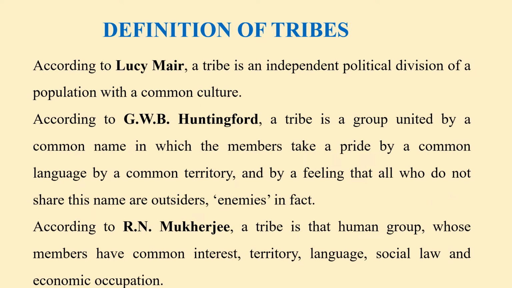According to Lucy Mair, a tribe is an independent political division of population with a common culture. So we could see that the tribal community is governed by a tribal chief, a tribal leader, with a common culture. They have their own culture.